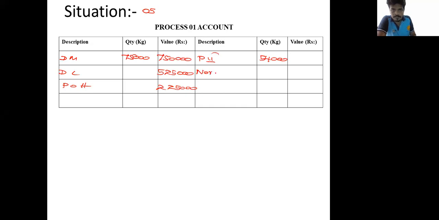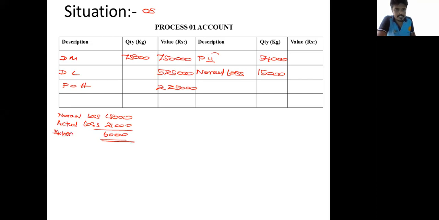Normal loss is 15,000. Actual loss 21,000. That means 6,000 abnormal loss.